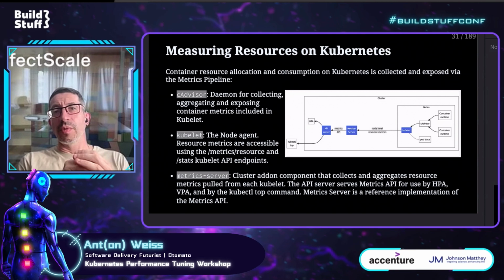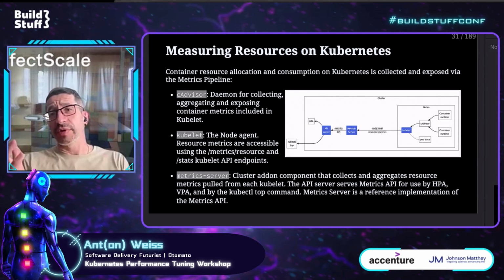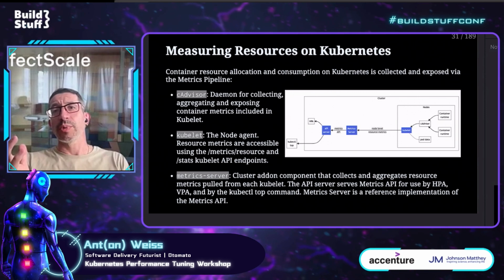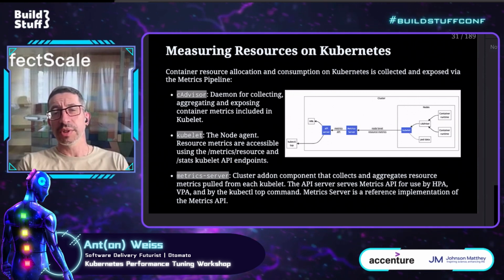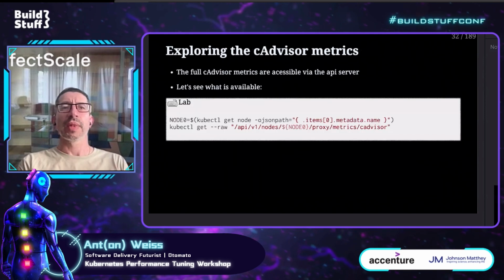And finally, we can install a component called metrics server in the cluster so that we can collect this data from all of the kubelets and expose part of the data for other components to be able to use it.